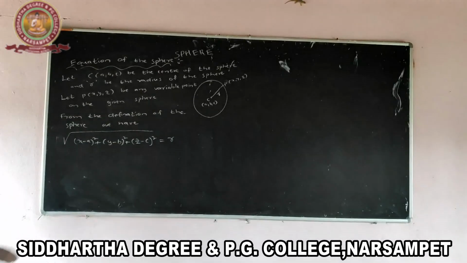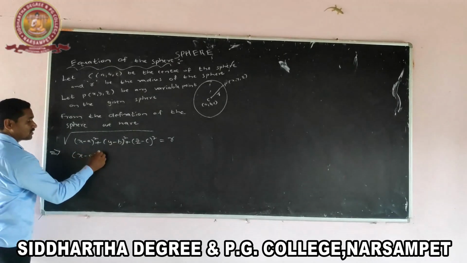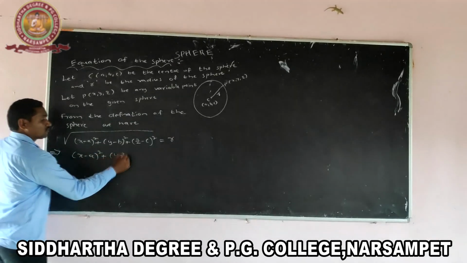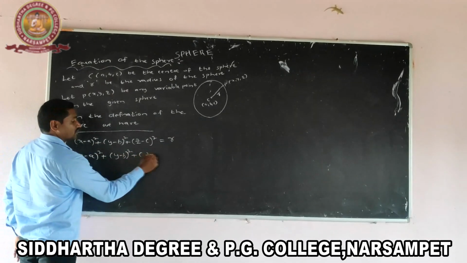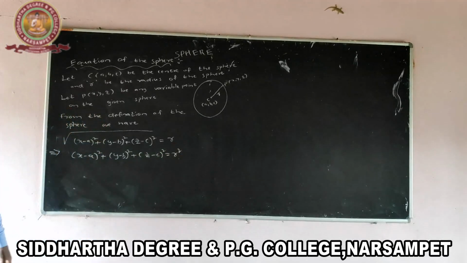On squaring both sides, we can write (x minus a) whole square plus (y minus b) whole square plus (z minus c) whole square equals r square.